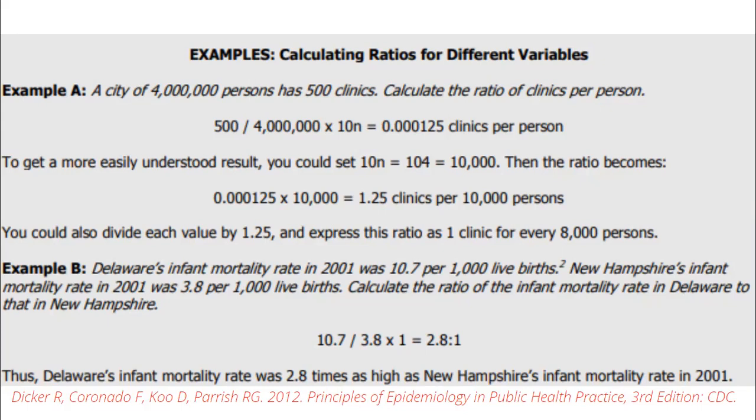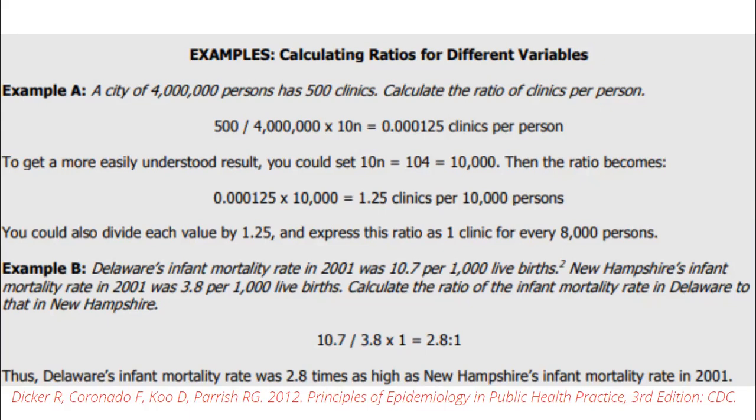Now you calculate the ratio of the infant mortality rate in Delaware to that in New Hampshire. So we are comparing the infant mortality rate of Delaware to that of New Hampshire.